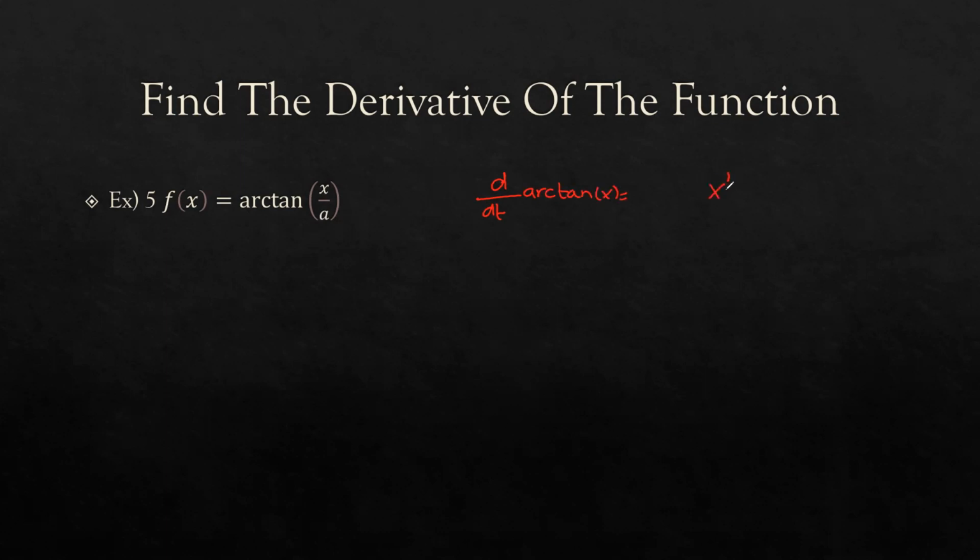It is x prime over 1 plus x squared. What is our x? Our x is x over a, or it's the same thing as 1 over a times x, right? X prime would just be the derivative of 1 over a times x, which is just 1 over a.